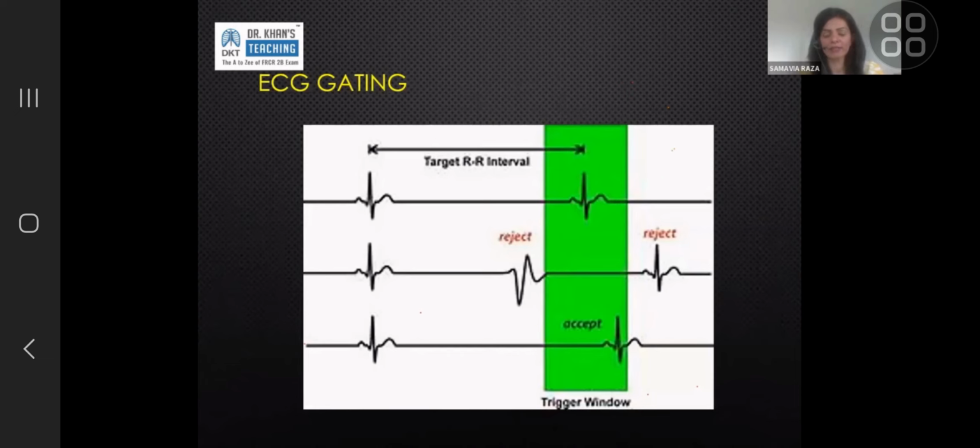GTN, like I said, we give it just before we take the patient into the scanner because it starts acting straight away. A spray is a bit messy because you don't really know how much you've sprayed in, how much you've sprayed across the face. A tablet is more accurate in terms of the dose it's delivering, but the tablet takes a while to dissolve. They may have put it in their mouth and you've taken them in, done the image, brought them out, and they say, can I have this tablet back?